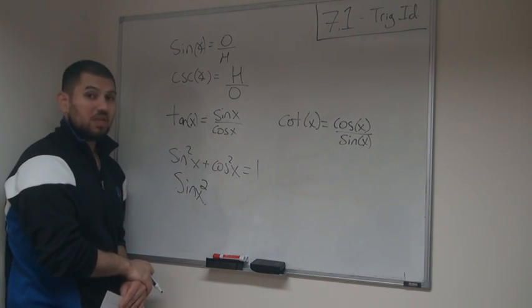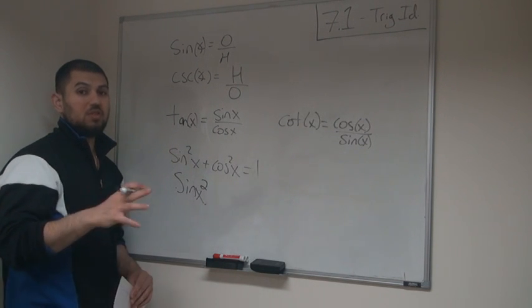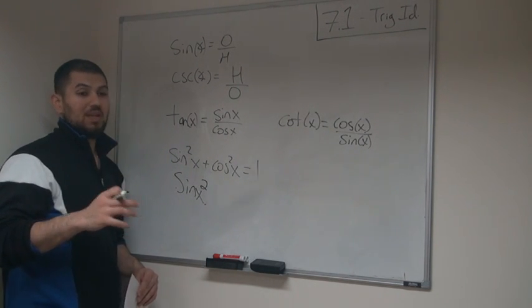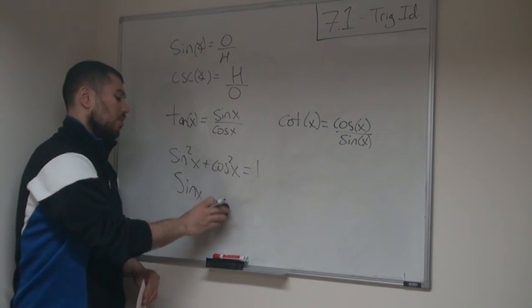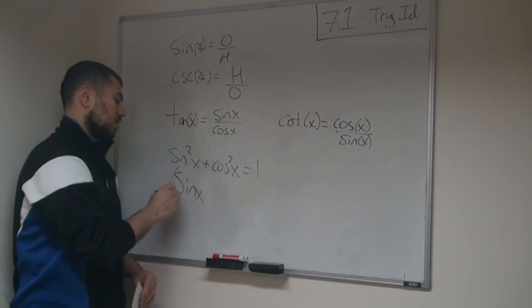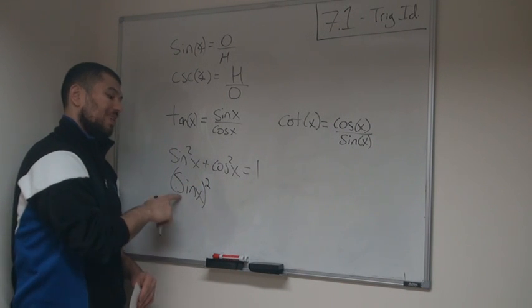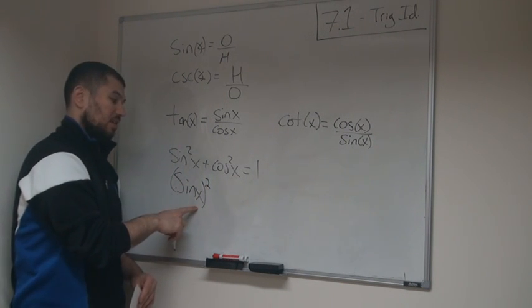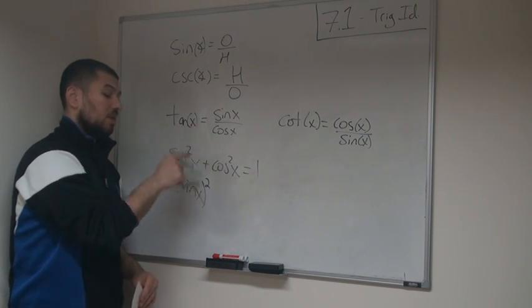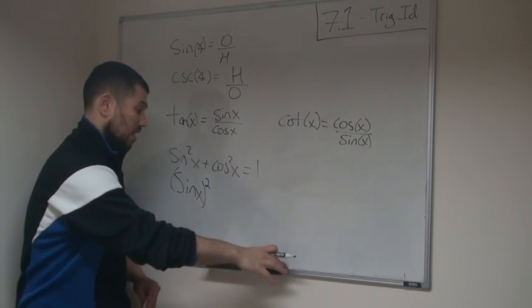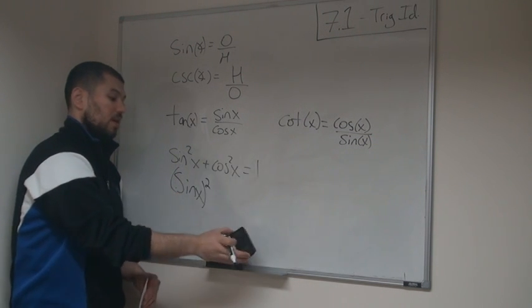That's not usually how we as math teachers or textbooks want to test or ask you problems. Typically, we want the sine of x squared, which means sine of x times sine of x. That will be written as sine squared x. Cosine squared x is cosine of x times cosine of x, written cosine squared x.